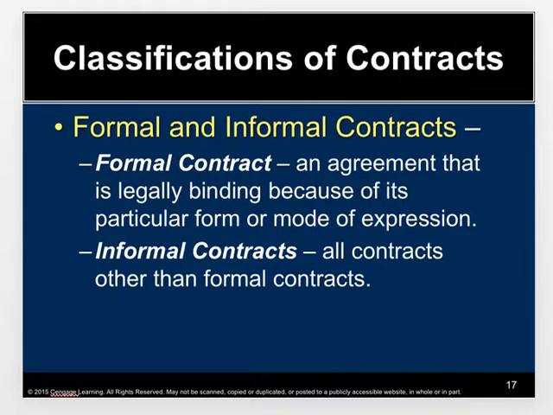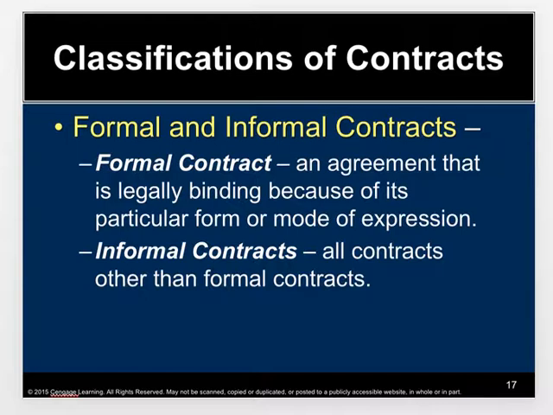We also have formal and informal contracts. A formal contract is an agreement that is legally binding because of its particular form or mode of expression. So formal contracts would usually be contracts that need to be notarized. For example, a deed would be a formal type of contract.